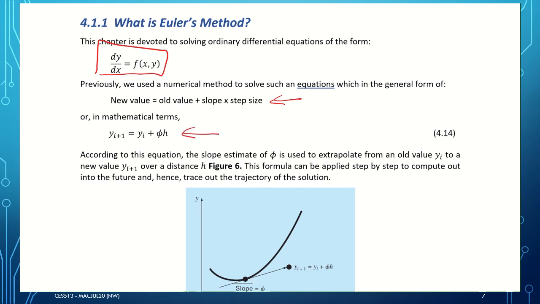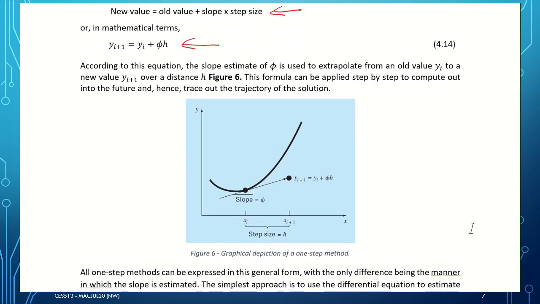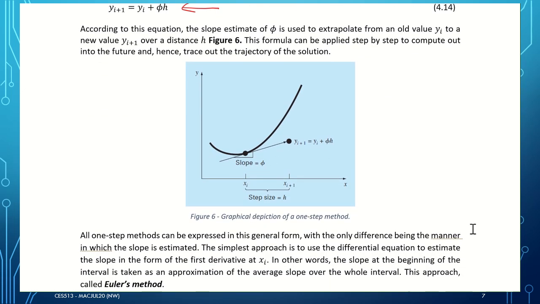According to this equation, the slope estimate of phi is used to extrapolate from an old value yi to a new value yi plus 1 over a distance of h, the step size. This formula can be applied step by step to compute into the future and hence trace out the trajectory of the solution.